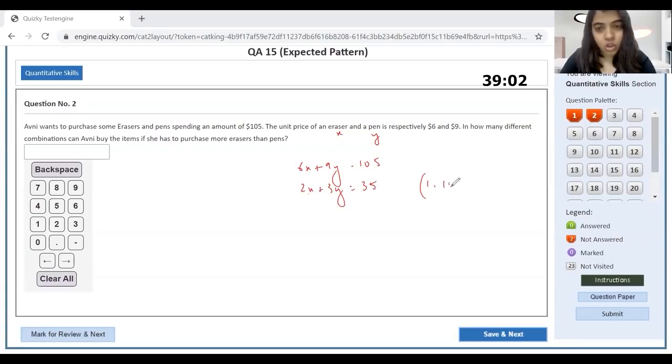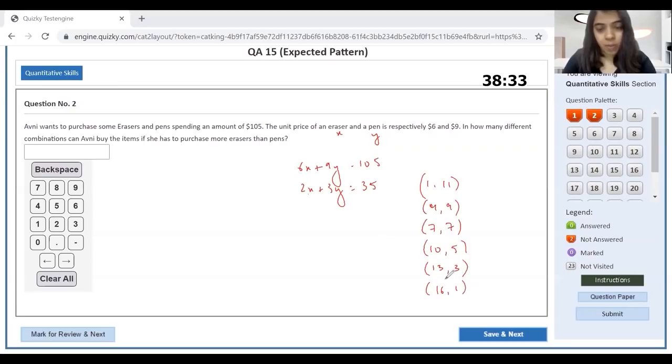Then we have 33, so 1, 11 is possible. Fine, we'll get the others directly. 1 plus 3 is 4, 11 minus 2 is 9; 4 plus 3 is 7, 9 minus 2 is 7; 7 plus 3 is 10, 7 minus 2 is 5; 10 plus 3 is 13, 5 minus 2 is 3; and we have 16, 1.